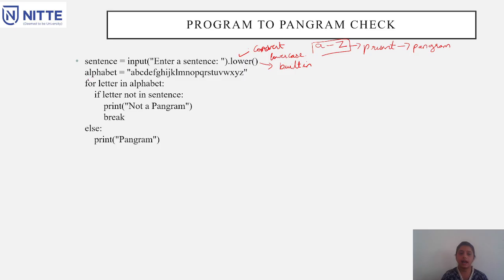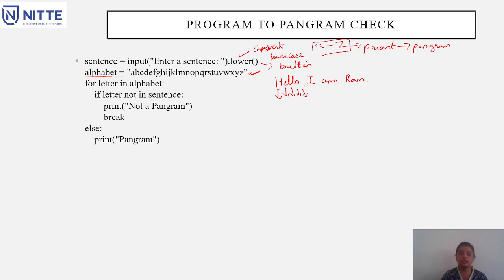Now, what alphabets do I have to check? The alphabet is A to Z. As you can see, I have mentioned all the alphabets over here. Now, for letter in alphabet, if any sentence I'm giving is, hello, I am Ram, each letter is going to get checked. So if letter not in sentence.